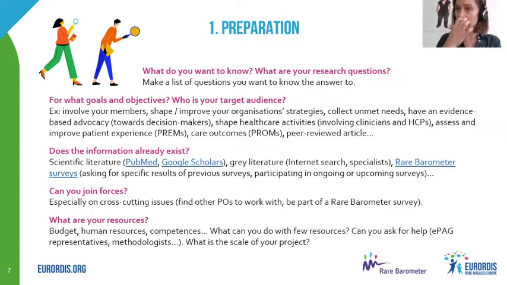In that case, you can analyze the results of previous surveys, or even participate in current or upcoming surveys. And you can also have access to your own results if you have enough respondents.